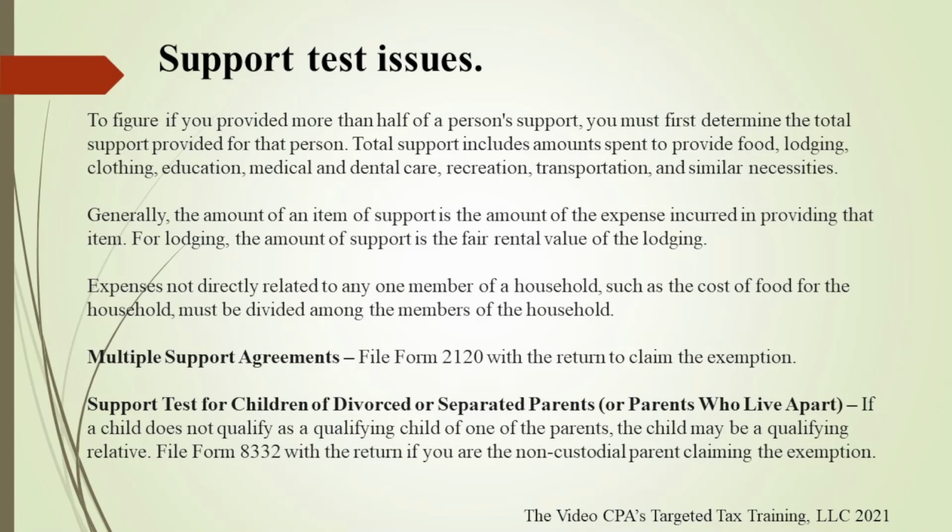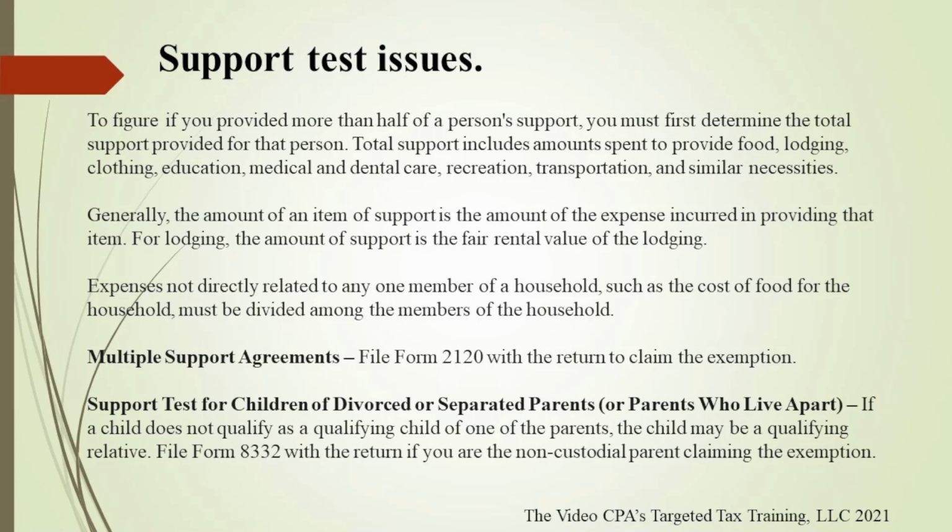Also, there's a support test for children of divorced or separated parents, and in this case, if a child doesn't qualify as a qualifying child of either one of the parents, well, then they may qualify as a qualifying relative. And so Form 8332 documents that decision, and it requires the person that's giving up the exemption to sign off on that.